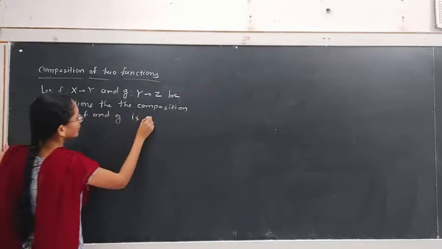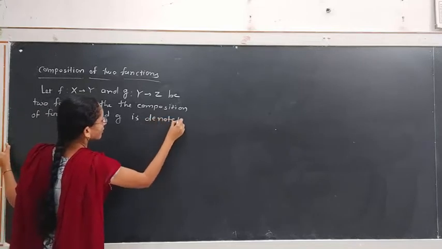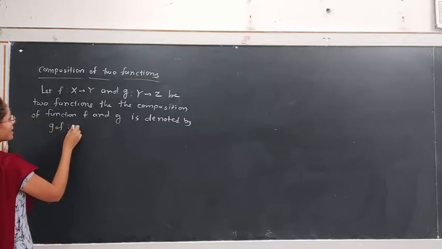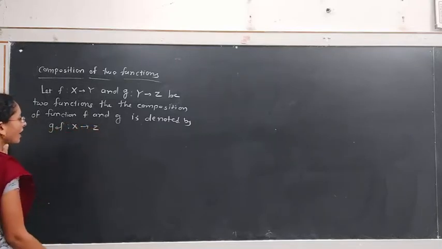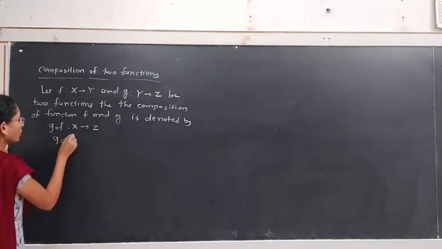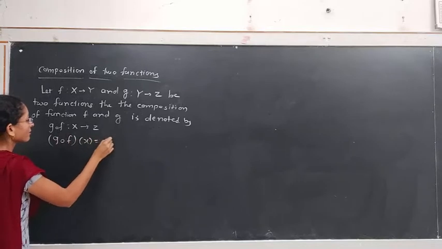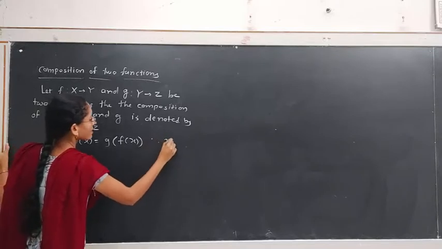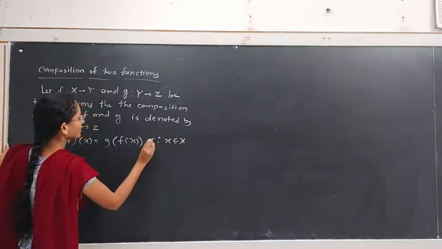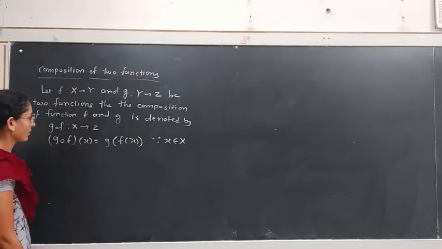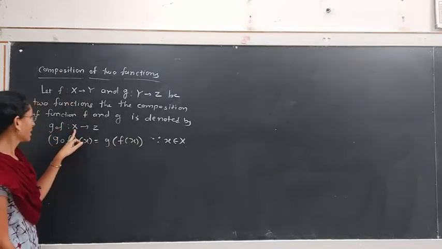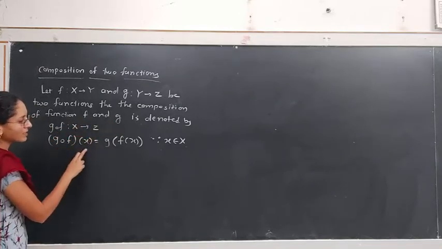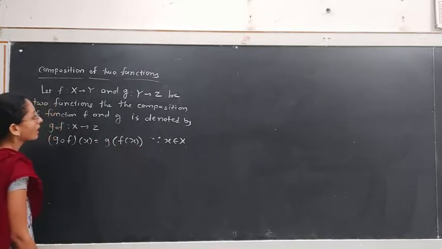It's denoted by g∘f. That is a function from X to Z and is defined as g∘f of x is equal to g of f of x, when x belongs to the domain of this function g∘f. If x is an element of the set X, then g∘f, that is the composition of f and g, is given by g∘f of x is equal to g of f of x.